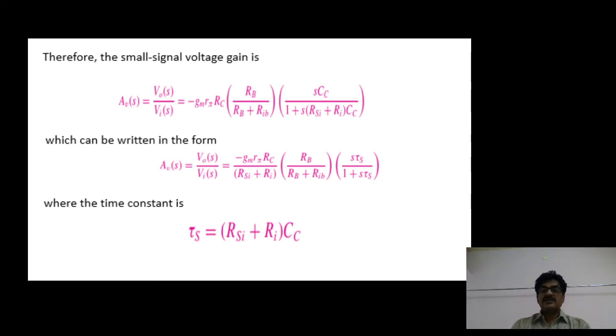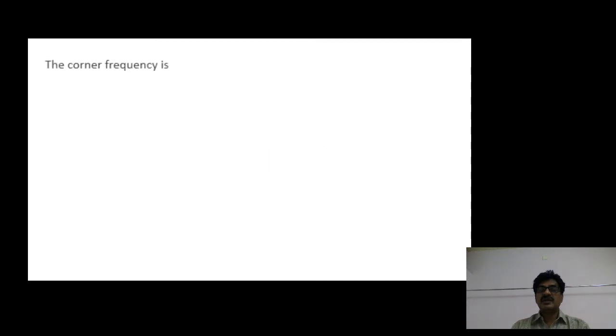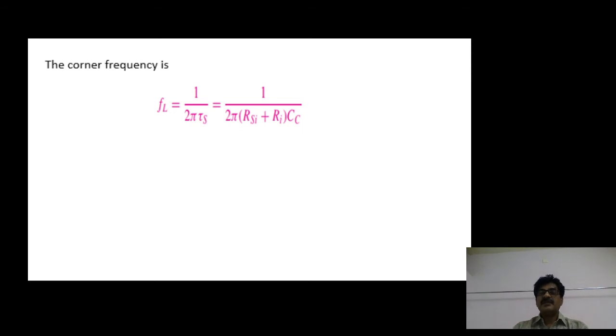This is the analysis including the coupling capacitor, and hence the corner frequency is defined as FL equal to 1 by 2 pi tau s, because it is in the lower frequency range. In terms of resistance and capacitance, it is 1 by 2 pi Rsi plus Ri into Cc.